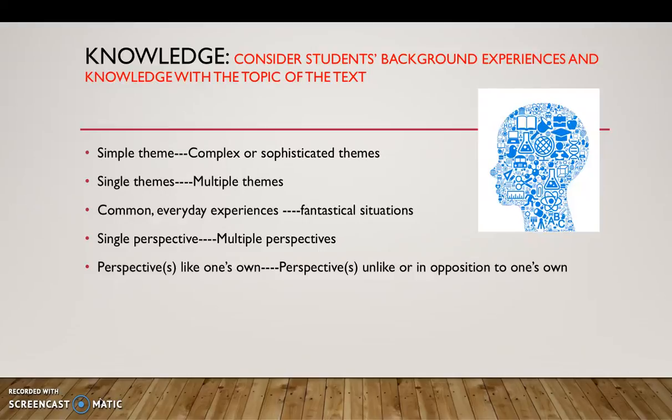Are there single themes or multiple themes? Obviously, a text with multiple themes is going to be much more complex than a text that simply has one theme. You also want to ask yourself, is this embedded in common everyday experiences for the student, or is the text giving examples of fantastical situations in which students may be more unfamiliar with?